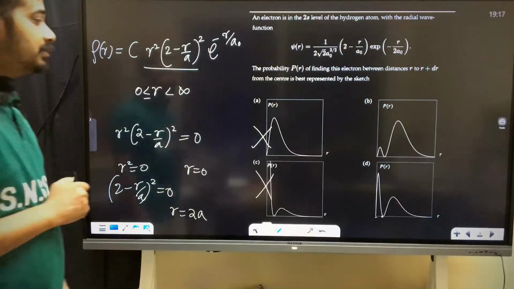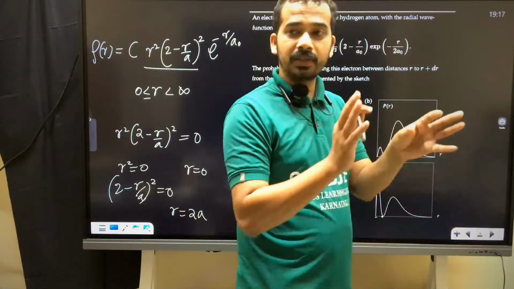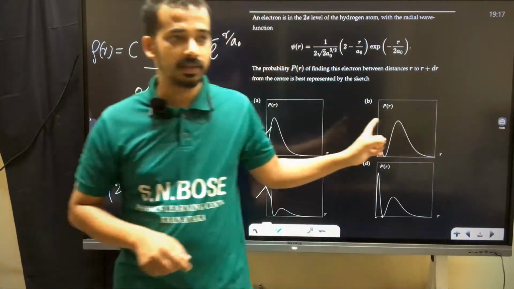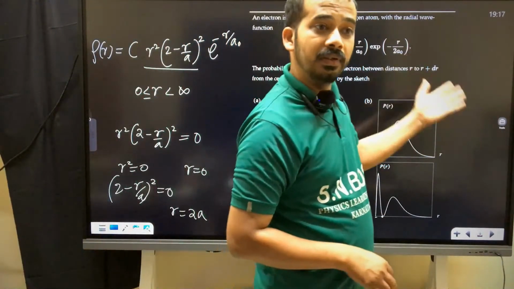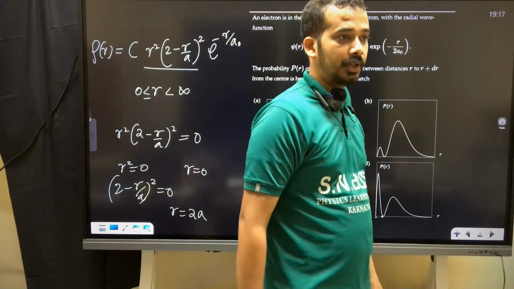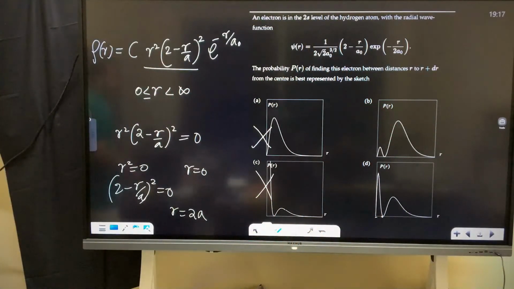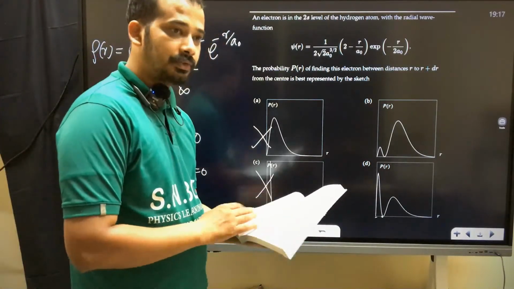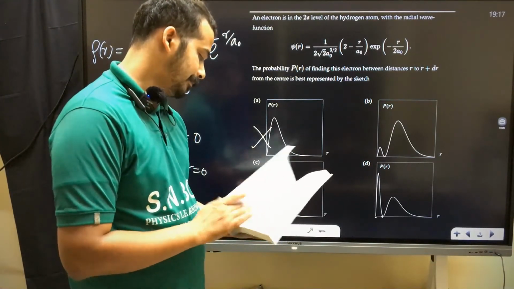Now what I'm saying is go back and list out what I told: the spherical harmonics in the table. You have experience that in many exams it is required. And this radial wave function is required actually. If you see the list of radial wave functions, you can do this one.